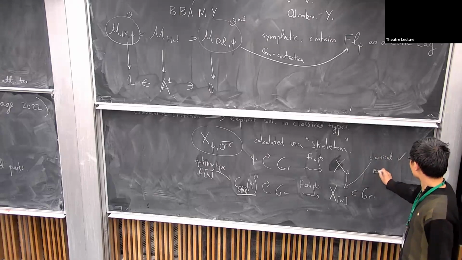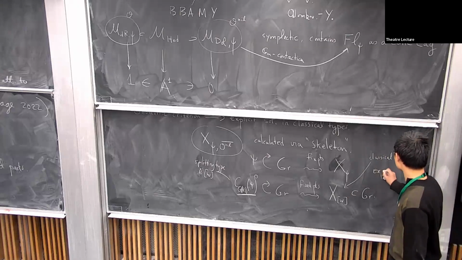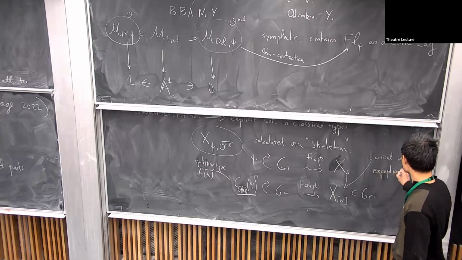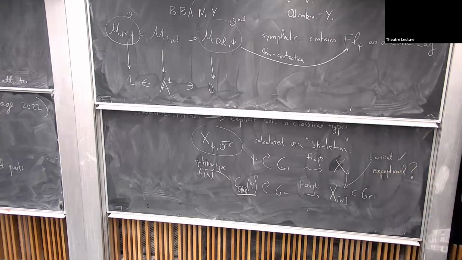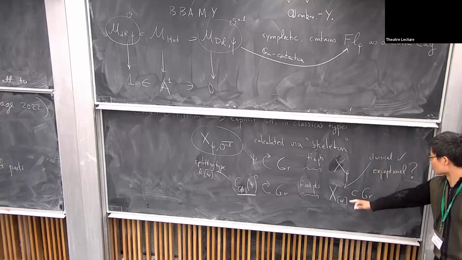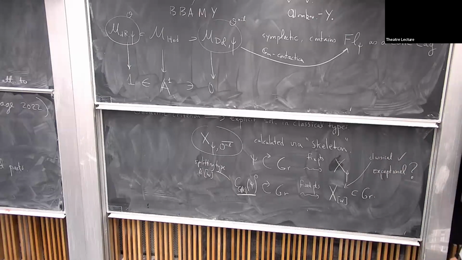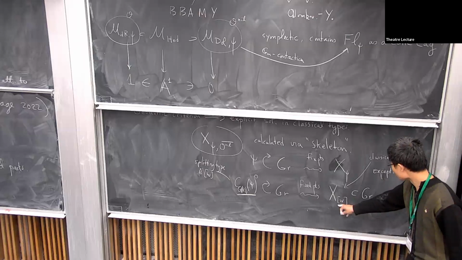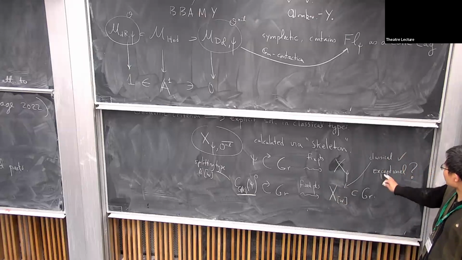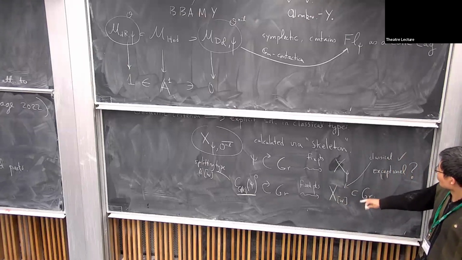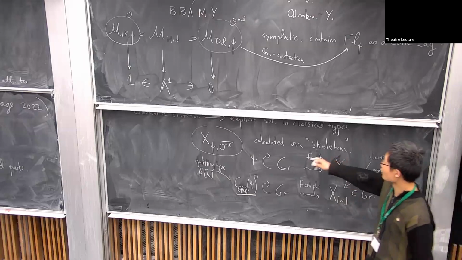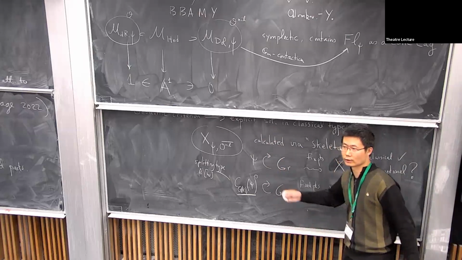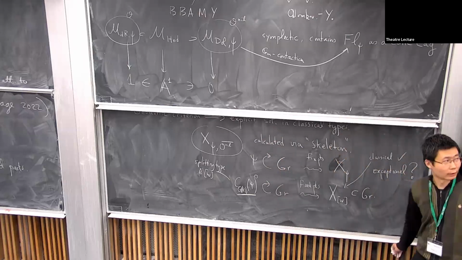I think it would be interesting to understand them for all groups. For exceptional groups, I don't have a way to calculate these varieties. So if we could understand these varieties better in exceptional types, then we can extract from those descriptions explicit answers to the Deligne-Simpson problem, also for exceptionals. Stop here.